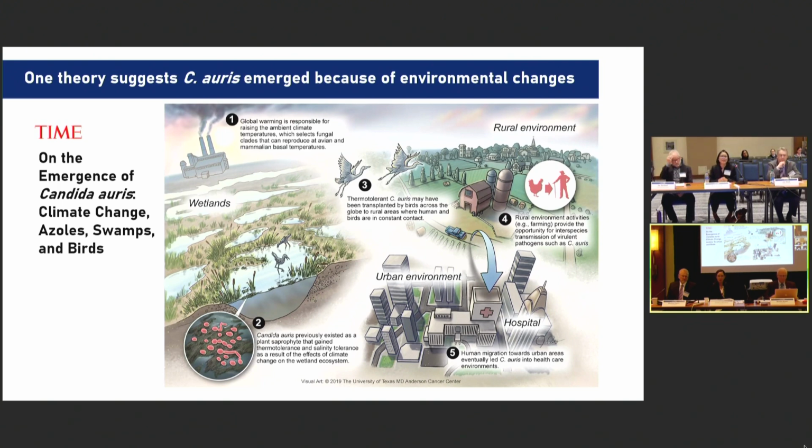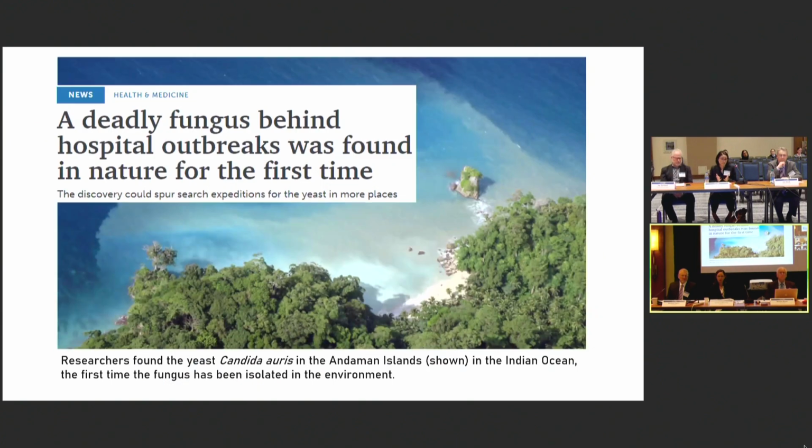Next slide. Well, one of the limitations to this theory when it came out at first was that C. auris just hadn't been isolated from the natural environment. But very recently, it was isolated off of the coastal wetlands in the Andaman Islands in the Indian Ocean. So it's a data point that further supports this theory. But the question is still out there.